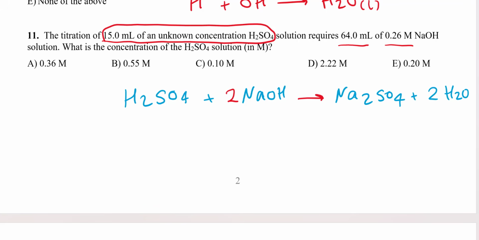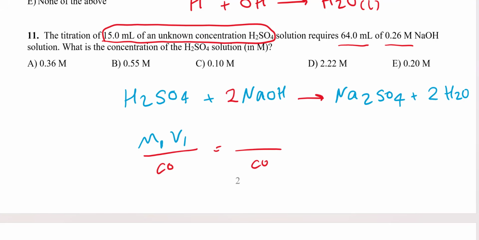We can use the classic stoichiometry to solve this question, but the easier way is the shortcut. In the shortcut, we have to calculate the mole over coefficient for both compounds. And when we have a solution, mole is always equal to molarity times volume. So MV for sulfuric acid, I just mark it by 1.